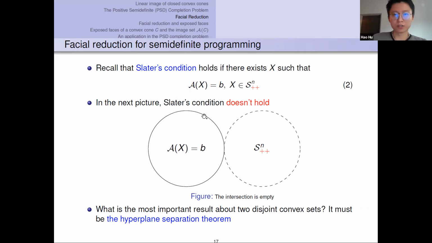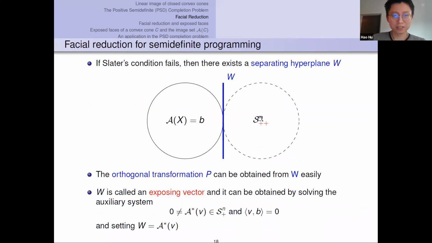But then we know that those two sets are convex sets. And therefore, we can call the hyperplane separation theorem, which states that there exists a separating hyperplane separating those two sets. And such a separating hyperplane can be used to construct this orthogonal transformation P that we are looking for easily. So in some sense, they are actually equivalent.